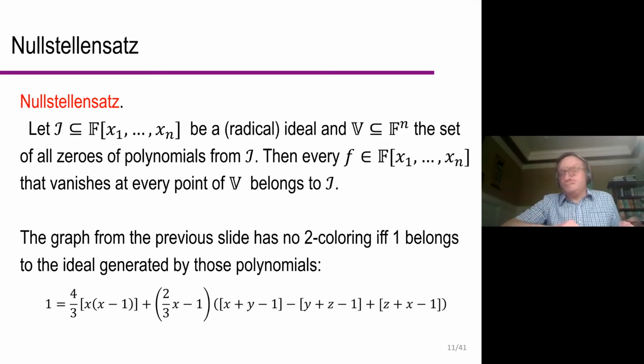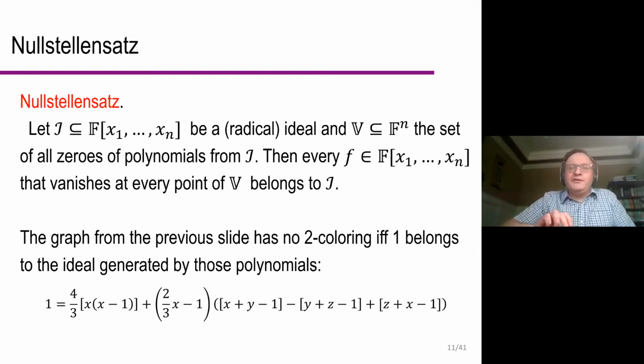I can express 1 as a linear combination of those 6 polynomials. Actually, I need only four of them. So this is one of the domain polynomials, and these are the instance polynomials. Okay, so I can prove that there is no two coloring by checking if a certain polynomial belongs to the ideal.